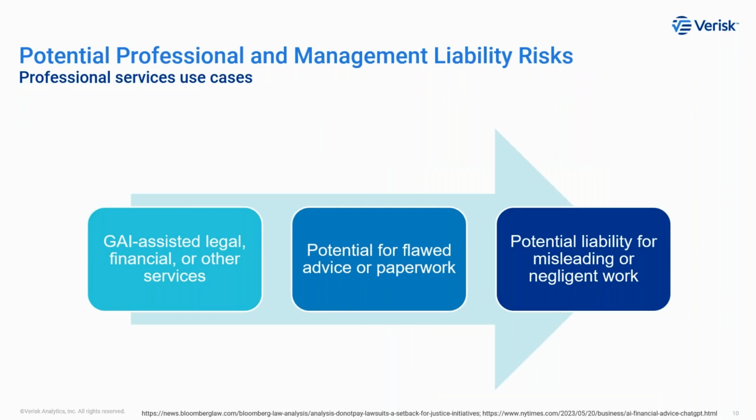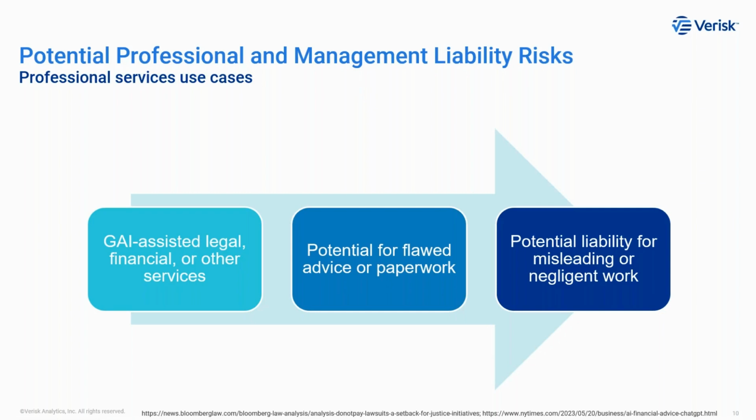So for the first potential use case, it's possible that GAI tools could be used for professional services. GAI tools could be used to assist with legal support services, financial advising tools, or other professional services. For example, for automating the preparation of legal documents or auto-suggesting responses to personal finance questions posed by a firm's clients.